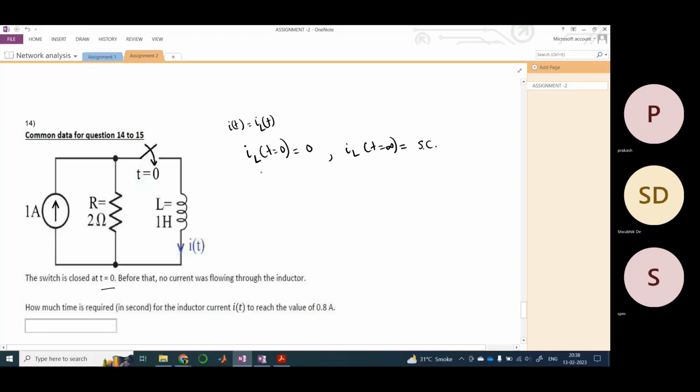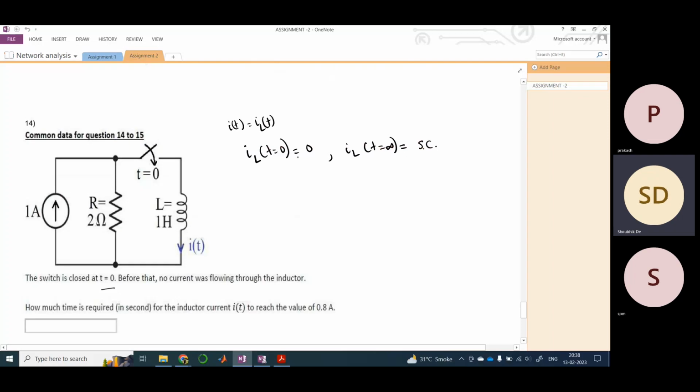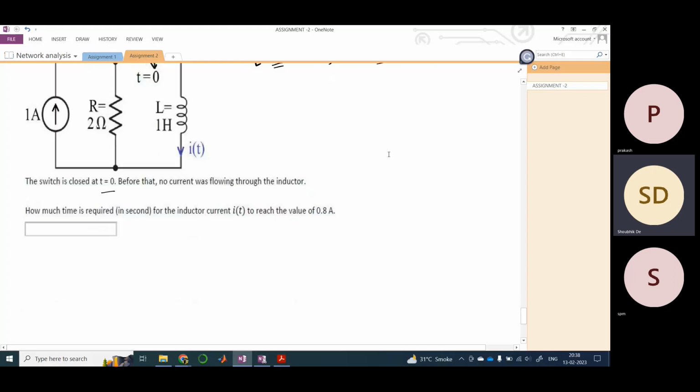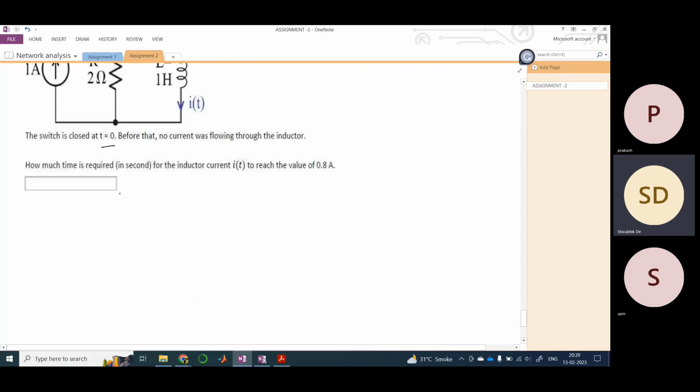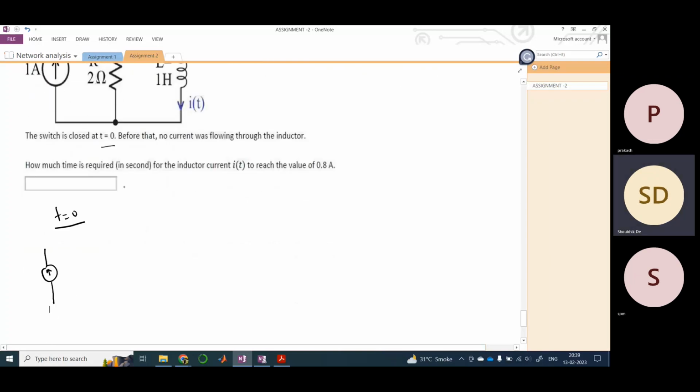Now we need to redraw the circuit at two time instances, one at t equals 0 and another at t equals infinity. If we draw the circuit at t equals 0, my inductor is open circuit, so there is a resistance connected parallel across this current source, and the inductor is open.